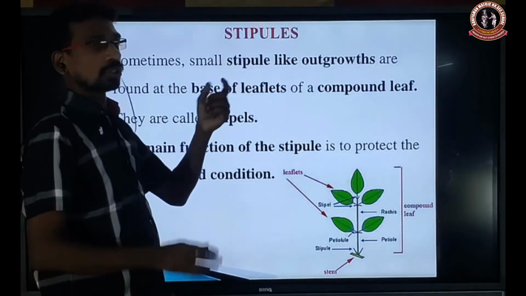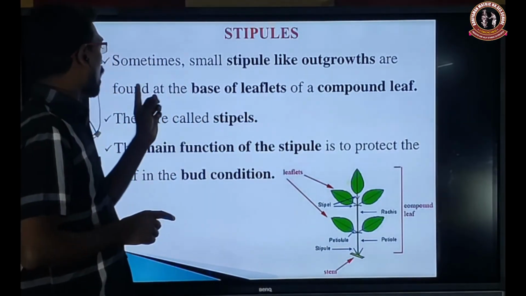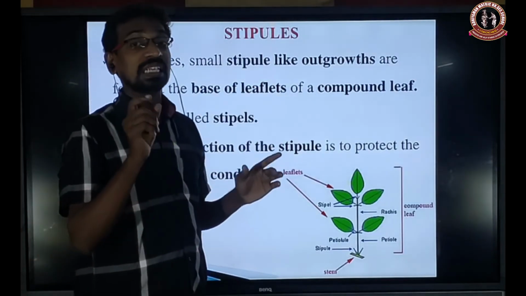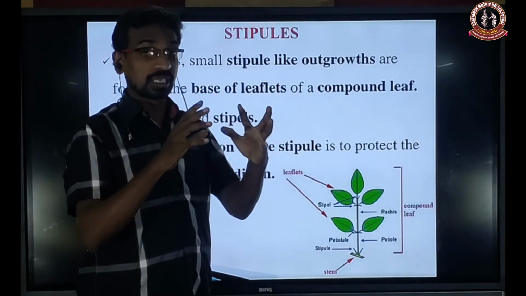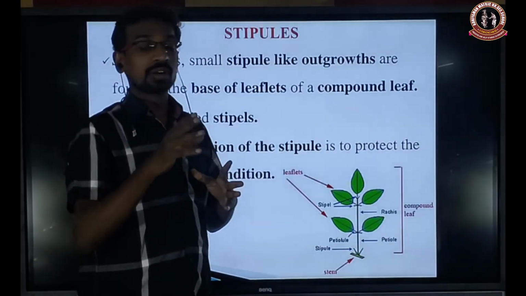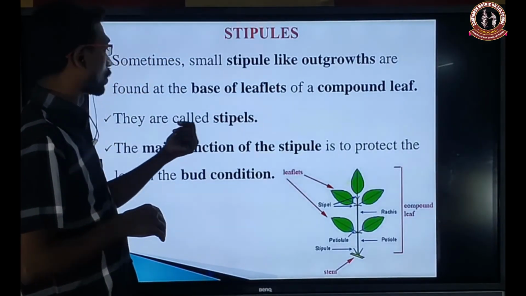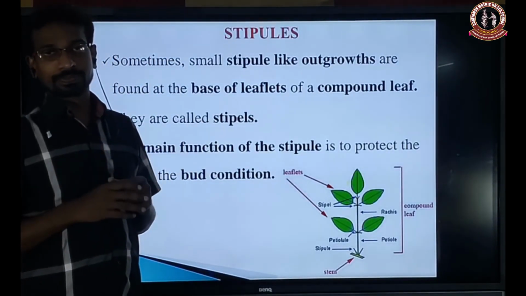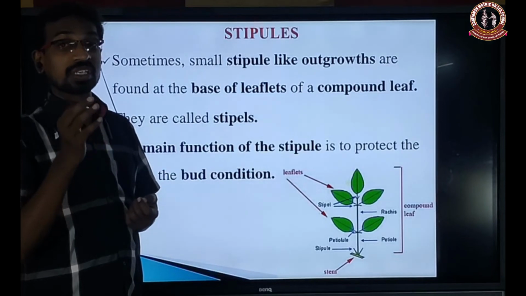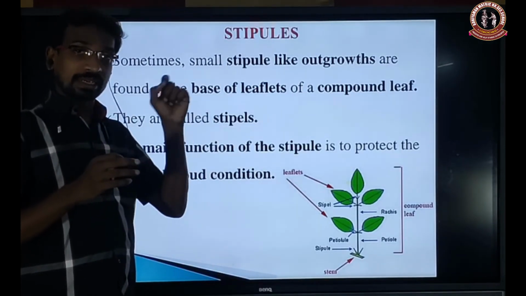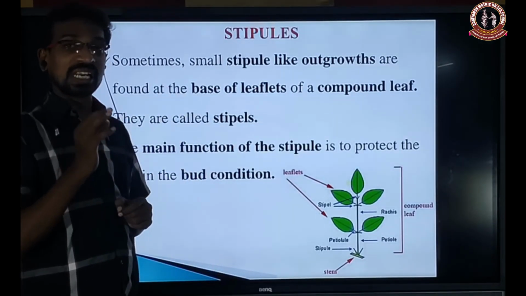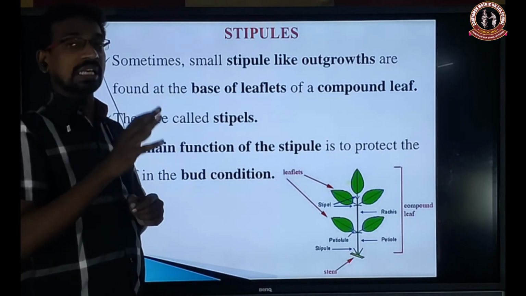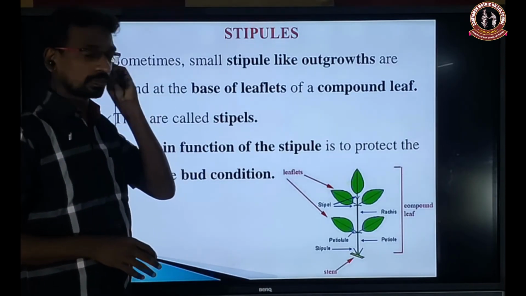Sometimes a small stipule-like outgrowth is found at the base of leaflets, especially in compound leaves. This is called a stipel. Here is a leaflet, and this is the stipule-like outgrowth. The stipule is present at the base of the petiole, but here it is present at the leaflet. In a compound leaf, the lamina is divided into many leaflets.